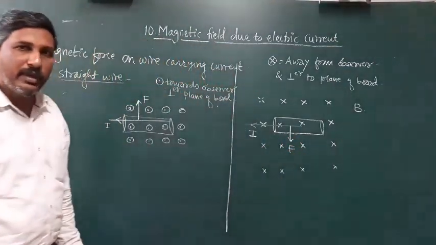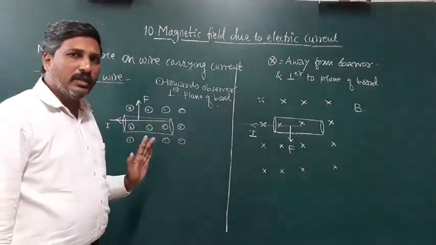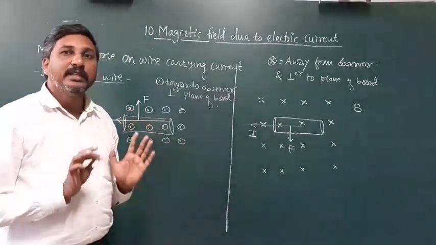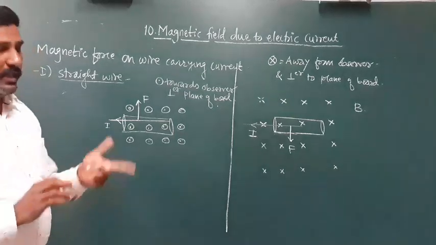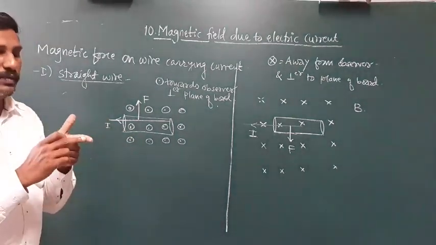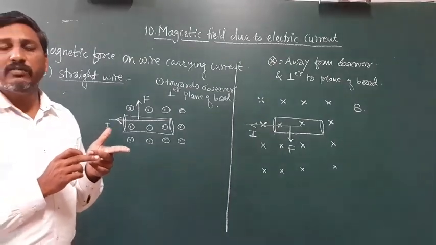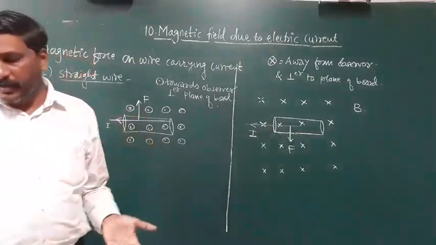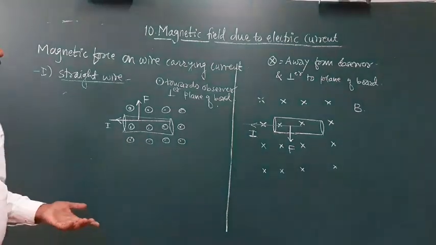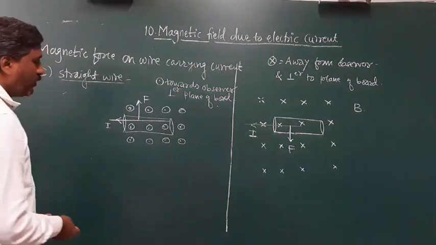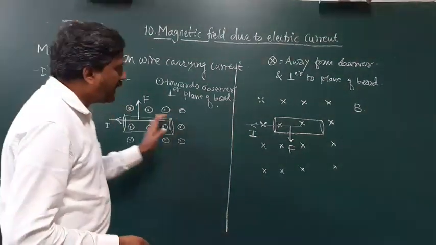Is it clear for everyone? Yes or no? You see, as per Fleming's rule, the stretched thumb indicates force, the first finger indicates magnetic field, and the middle finger indicates direction of current. Just simplify it as FBI. Now we have to calculate its magnitude, but firstly we calculate the directions.